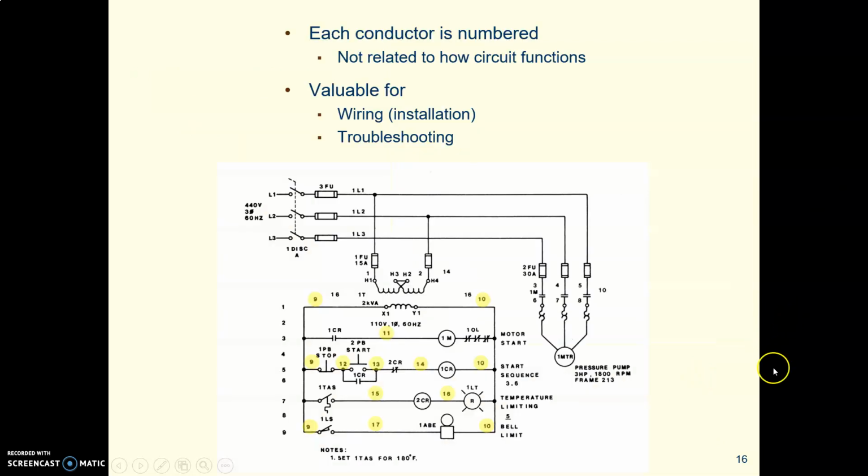In addition, we put a number for each conductor, and conductor means piece of wire. This is very useful for the electrician who's installing things, doing the wiring, or if they're coming along later doing some troubleshooting, trying to figure out why something isn't working right. These numbers are invaluable. And by the way, this is a question in our worksheet. Why do we number the conductors?